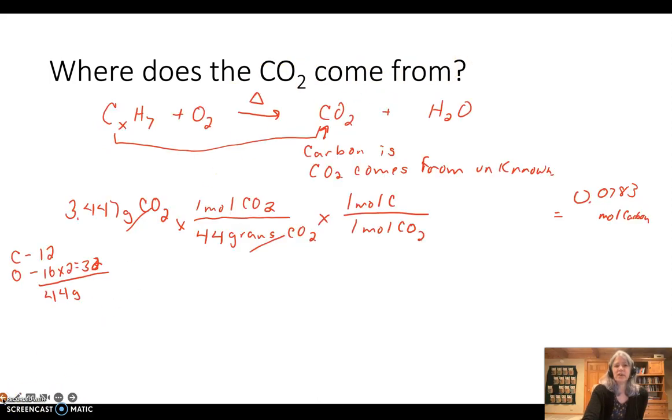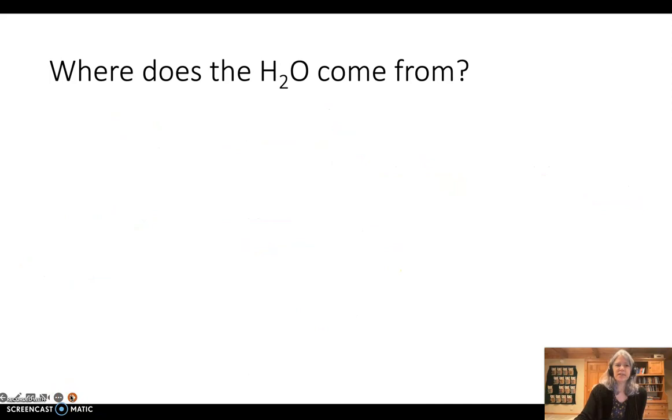So again, looking at our reaction, the hydrogen in the water comes from the hydrogen that's here. The oxygen is going to come from the oxygen that we're putting in there, right? But the hydrogen in the water comes from the hydrogen that's in our sample. And so that's really the key thing that we need to make sure that we understand as we're doing this problem, right?